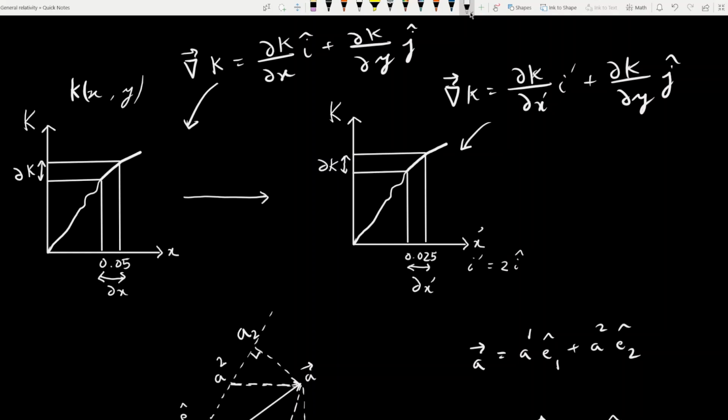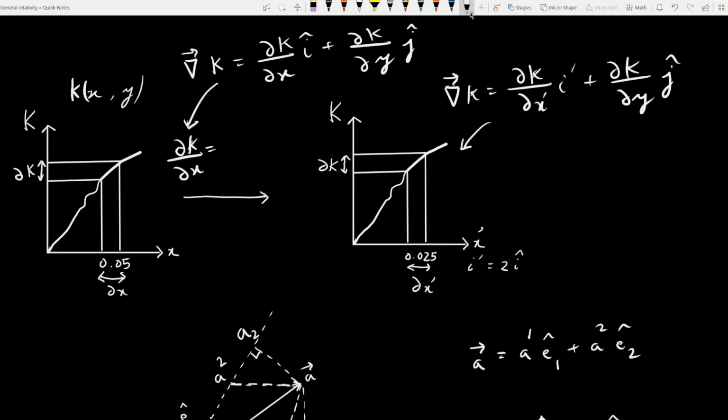Now, why is the gradient vector a covariant vector? Well, let's see. For this part of the graph, we won't compute del k by del y in the j hat direction because they are the same in both of these expressions, but we'll take a look at del k by del x in the i hat direction.